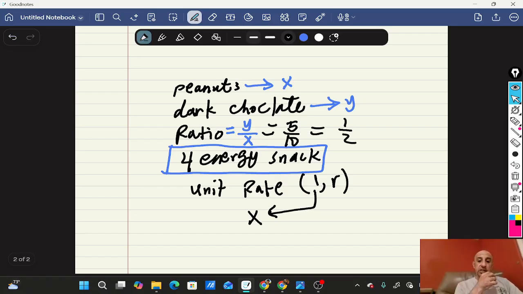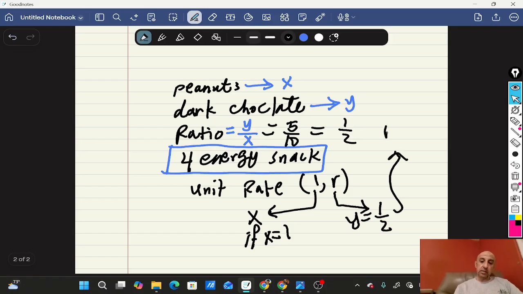So the ratio is 1/2, and r in this case is the ratio, which is 1/2. If x equals 1, y is equal to a half, and the half we call the ratio, and at the same time we call it the unit rate.